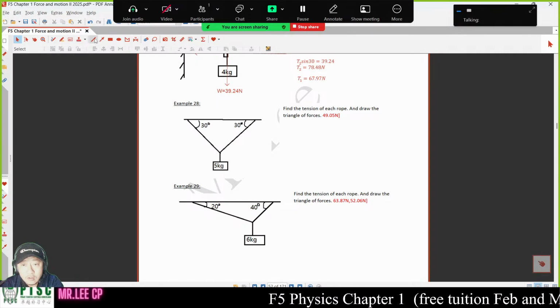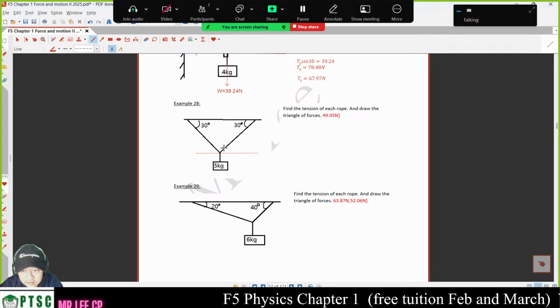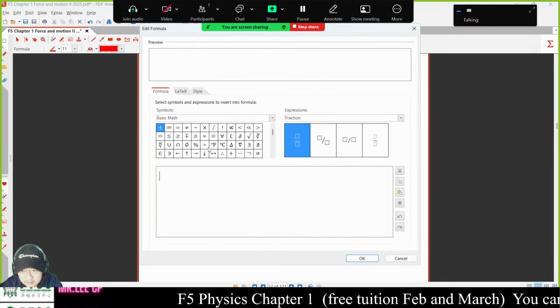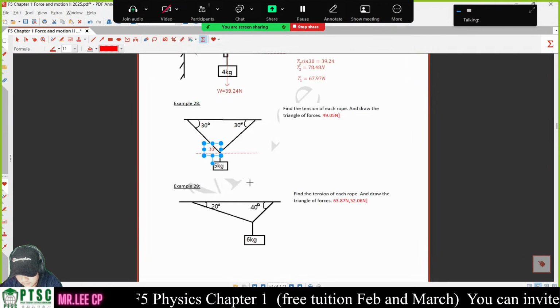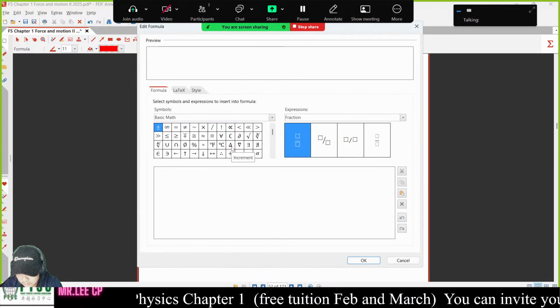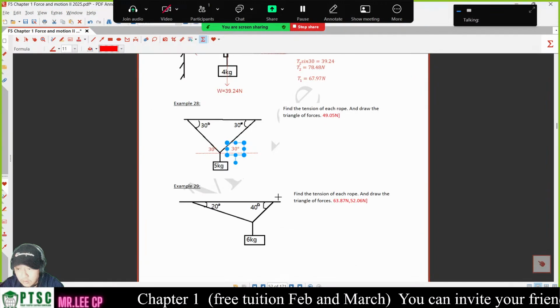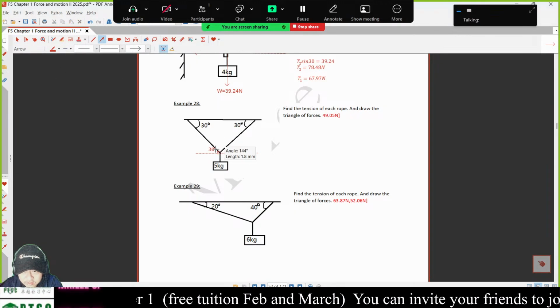Now for this kind of question, I am going to put in the angle here. This one is 30, here is 30, so both are 30. Now here, there is a force pulling upwards.